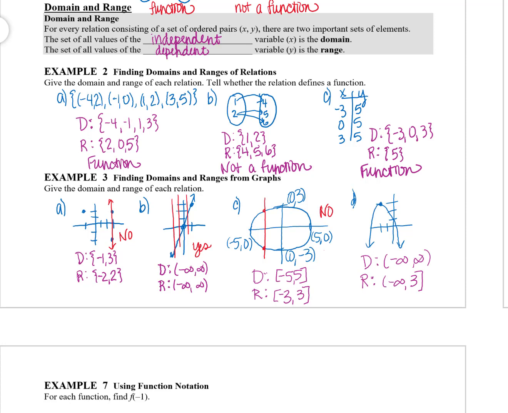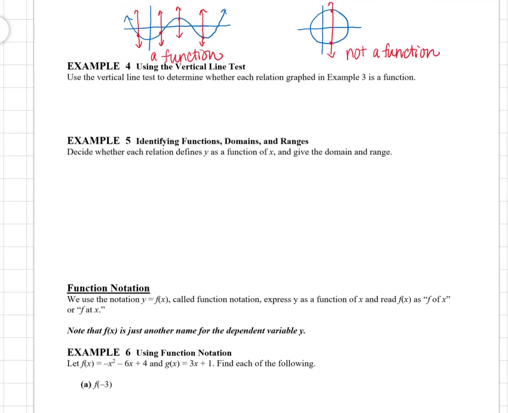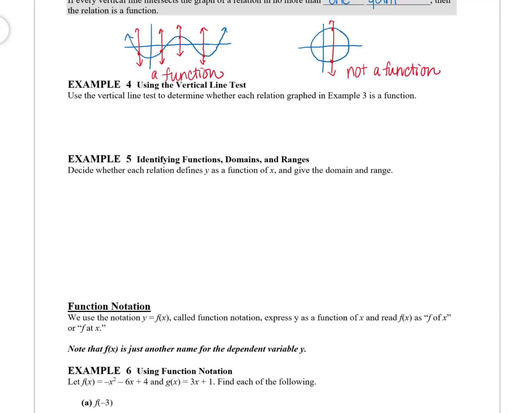And then part D, even though the curve is very steep, no matter where I draw a vertical line, it only passes the graph at one point, and so this is a function. So that was example 4. So I'll just write here to see example 3 since we just wrote those there.